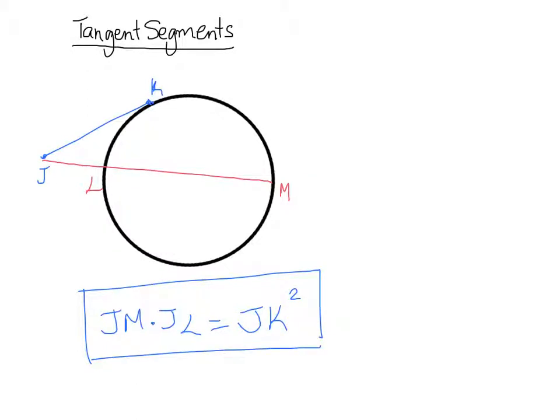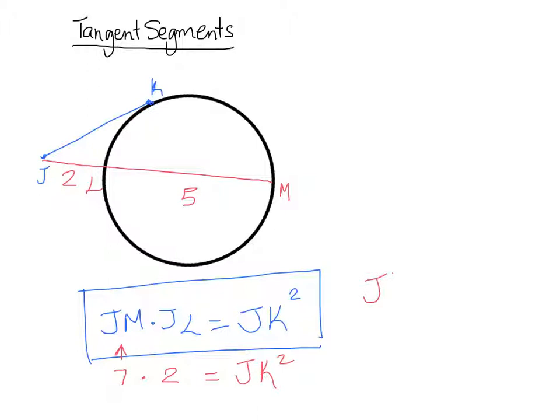All right, so this is a rule that is pretty interesting, I think. So let us say that this part here is 5 and this part here is 2. Then I could figure out what JK is by plugging in here. So JM would be equal to 7, JL would be equal to 2, and that would be equal to JK squared.